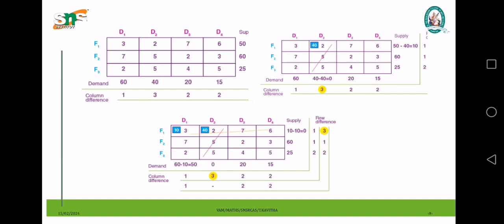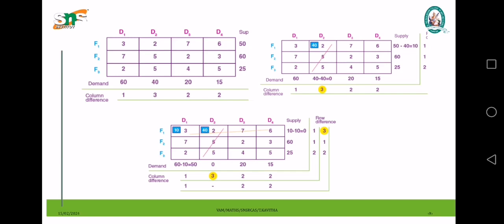The column differences are: first column D1 is 1, D3 difference is 2 and D4 difference is 2. Here the highest difference is row difference 3. We take the row F1, minimum of F1 is 3, F1's supply and demand are 10 and 60, minimum is 10.